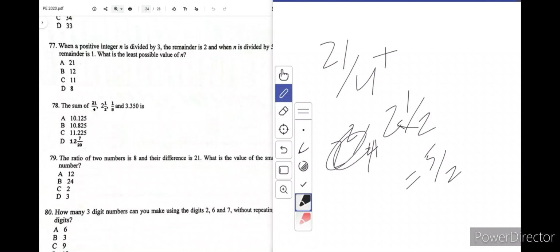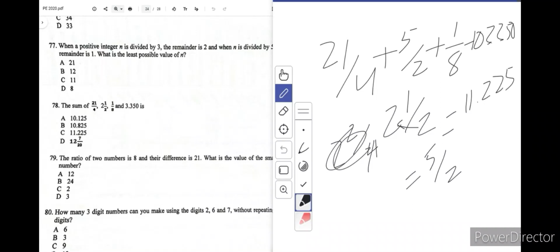So we will add 5 by 2 plus 1 by 8 plus 0 plus 3.350. This will give us the answer 11.225.